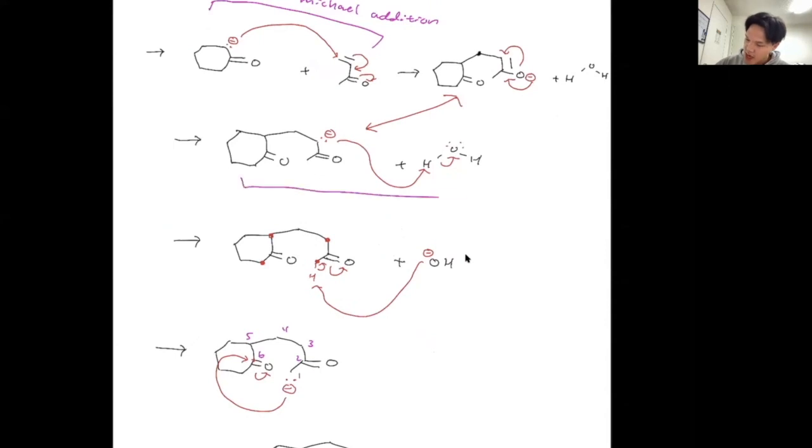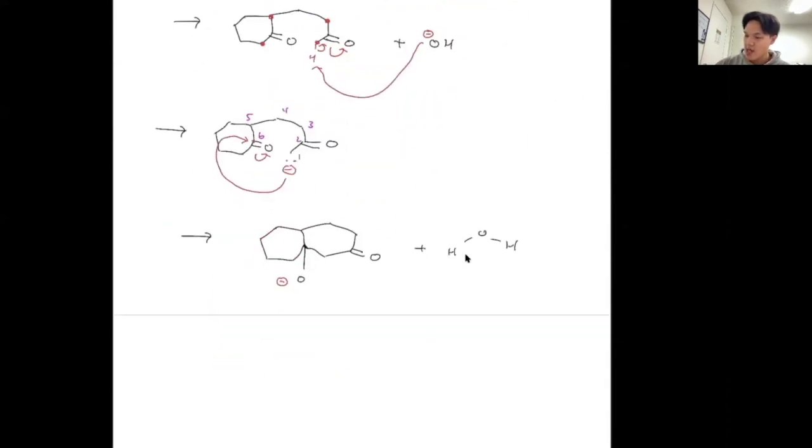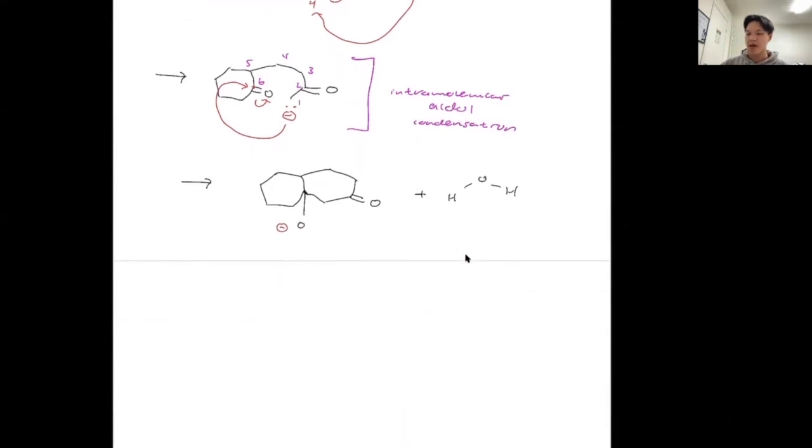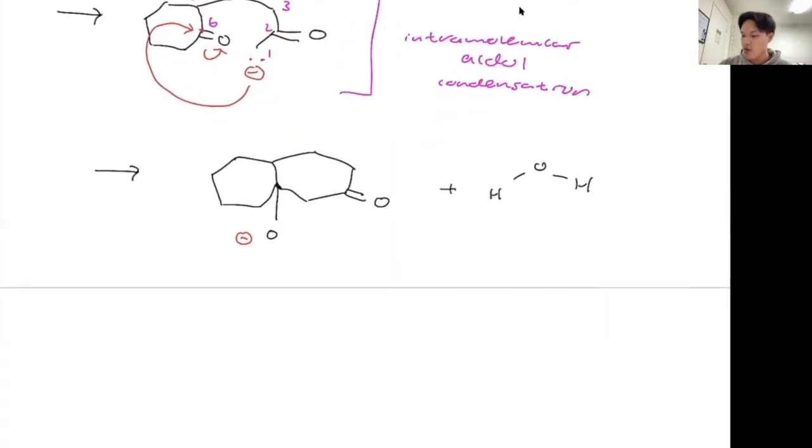This over here is a keto enol equilibrium, right? This one over here is intramolecular aldol condensation, which we learned up above, right? And then now this step will be advancement of the intramolecular aldol condensation, where this is going to take that hydrogen.